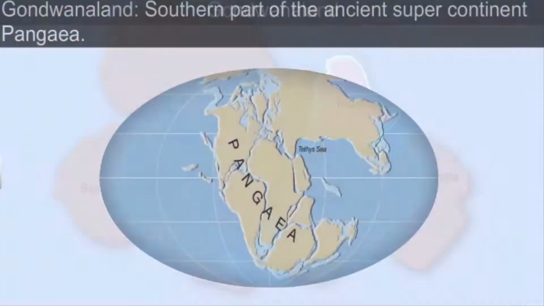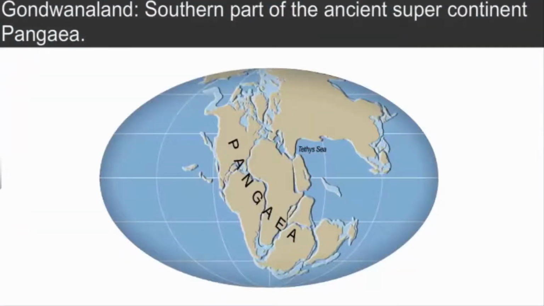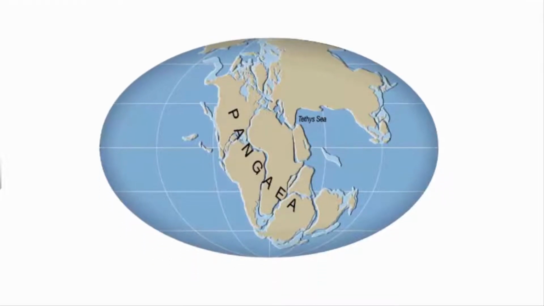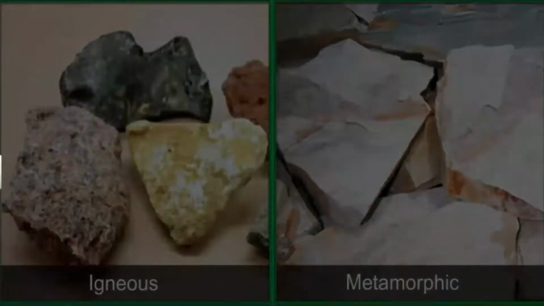Gondwana land is the southern part of the ancient supercontinent Pangaea, with Angara land in the northern part. Thus, the Peninsula Plateau is part of a very old landmass. This is also evident in the composition of the plateau. It is composed of old crystalline, igneous and metamorphic rocks.